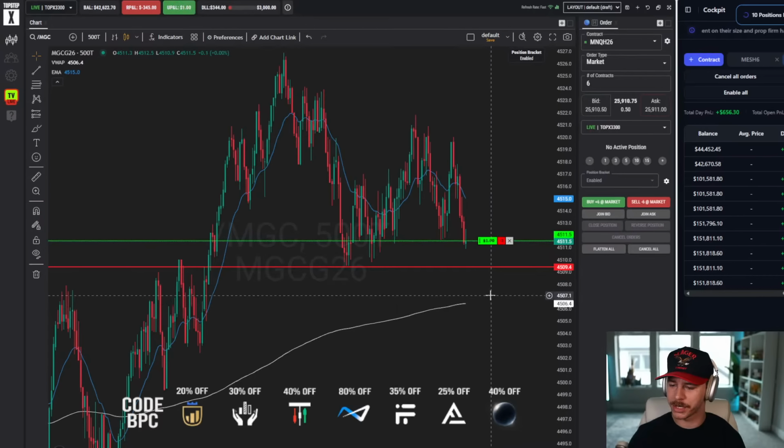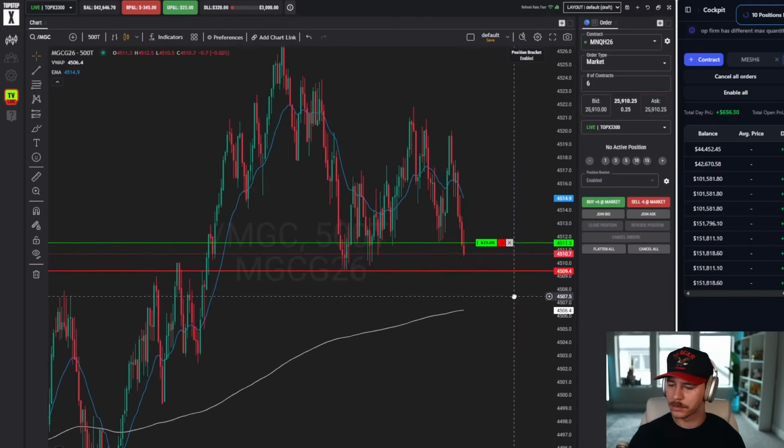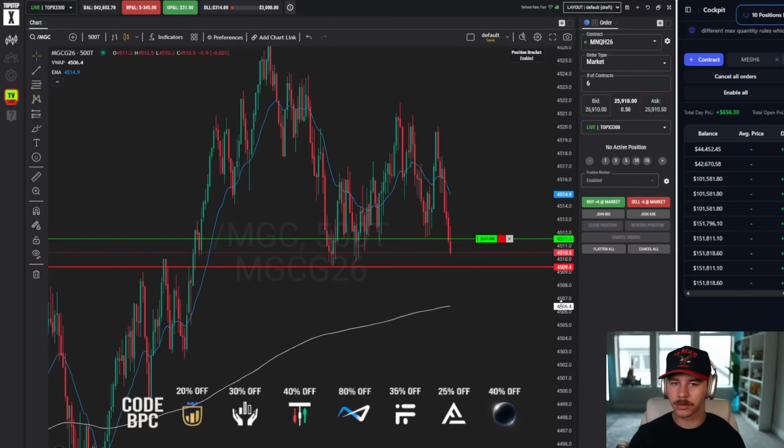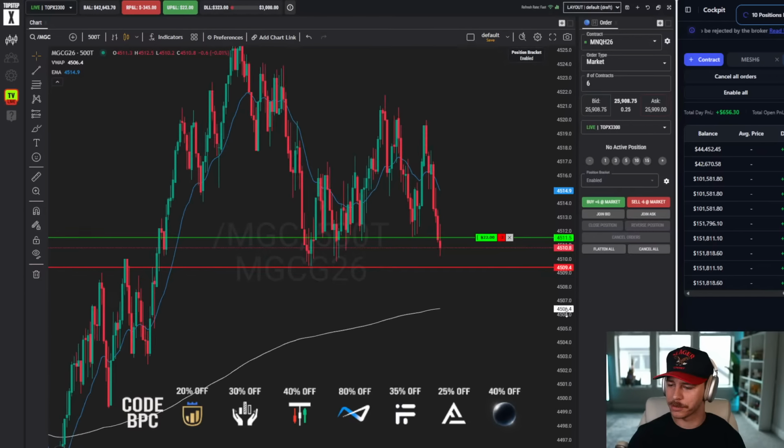Quick scalp, break to the downside here under 509. That's the idea, and I don't want to get caught in some bullshit. I want to see it break 509.